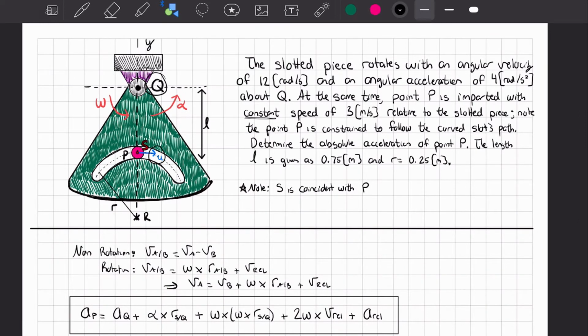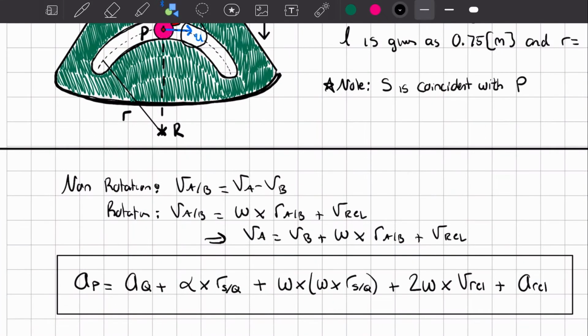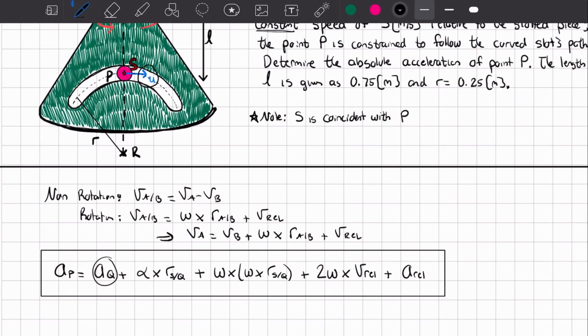So what this tells us is, if we wish to measure the acceleration of point P in this rotating reference frame, we have 5 different components to consider. So let's consider each one and then we'll solve. First, a_Q, that's the absolute acceleration of Q defined within the rotating reference frame itself.